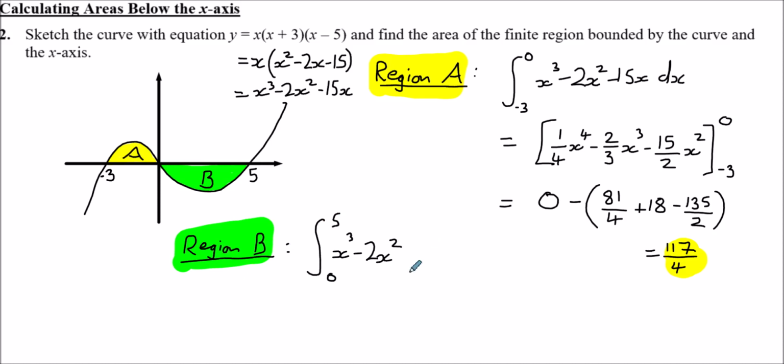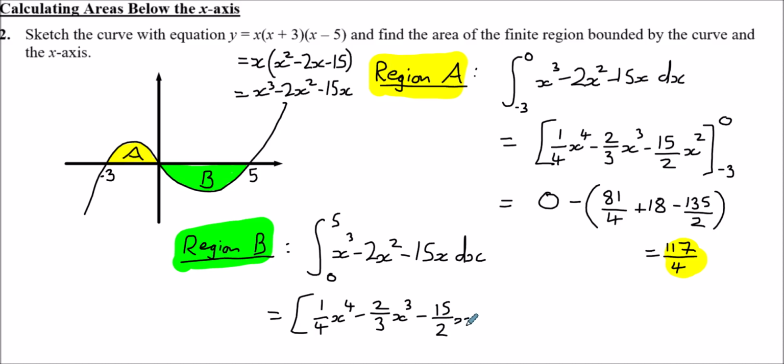X cubed minus 2x squared minus 15x dx. So we've done the hard work. We know it's going to be this function here. So a quarter x to the power 4 minus 2/3 x cubed minus 15 over 2 x squared between the limits of 5 and 0.